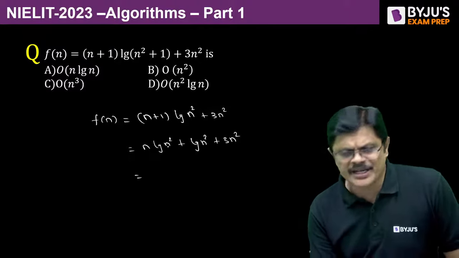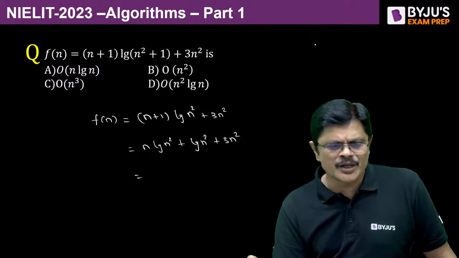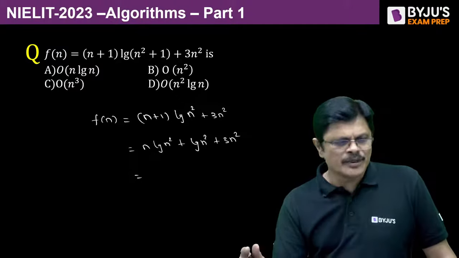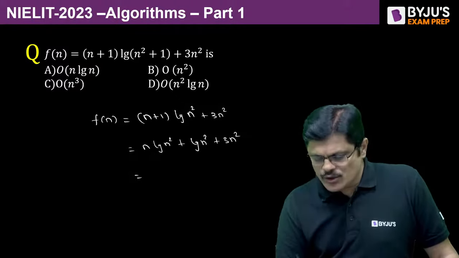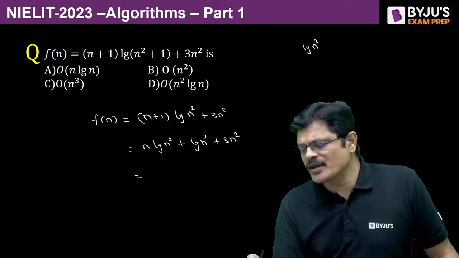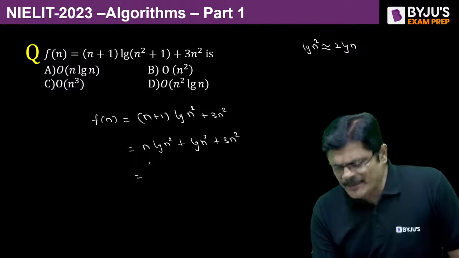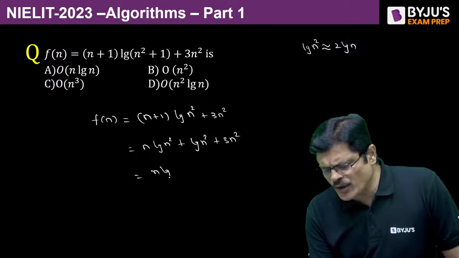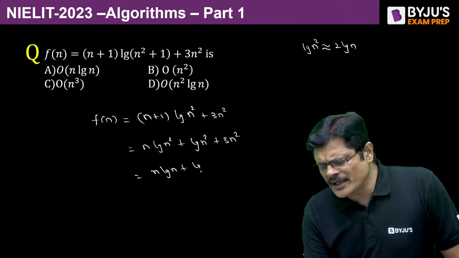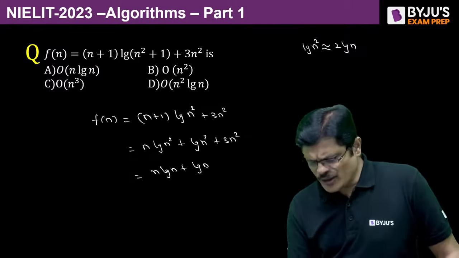Very good, Anuja, Chandan Kumar, super. Log n square is nothing but 2 log n. So this is 2 into n log n, or you can say n log n, and 2 log n. Ignoring the coefficients, log n it is.